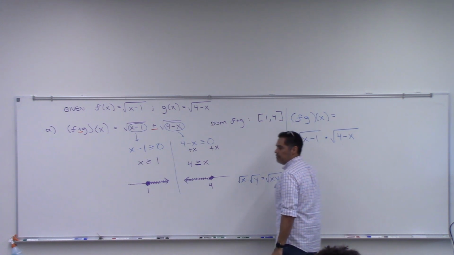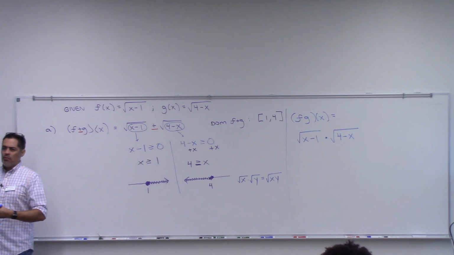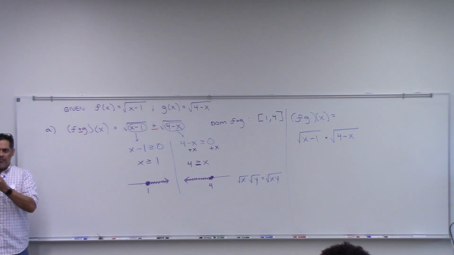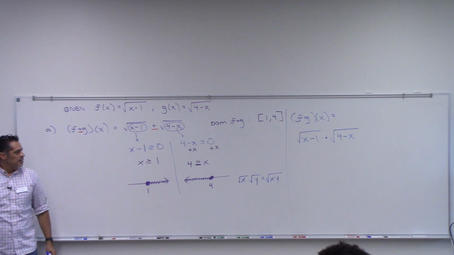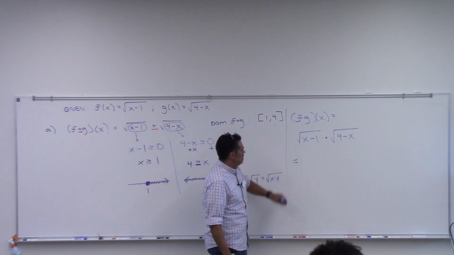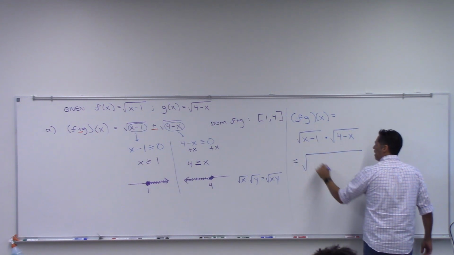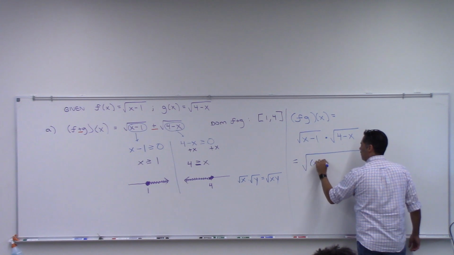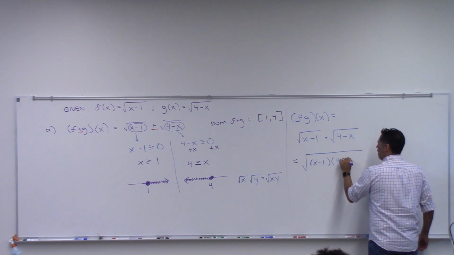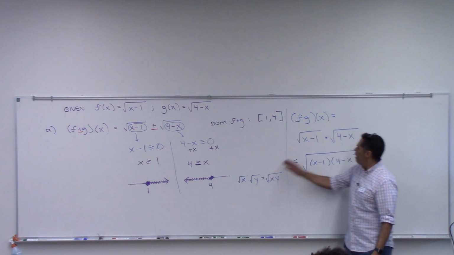In other words, if you have two roots being multiplied, you can just put them into one root and multiply what's underneath them. So I can make one root out of this, and I can take the x minus 1 and multiply the 4 minus x. That's this property being applied to that.